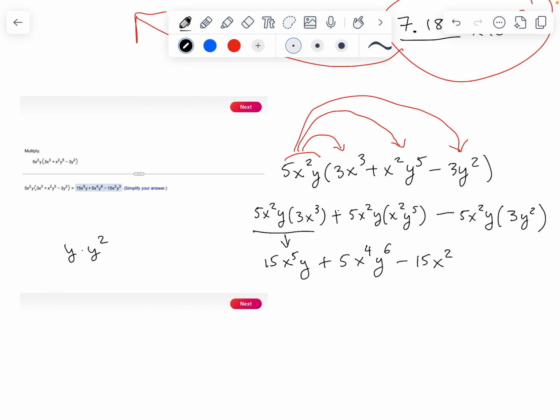We have y times y squared. So y alone is y to the power 1. We keep the same base and add the exponents: 1 plus 2 is 3, so we get y to the third.